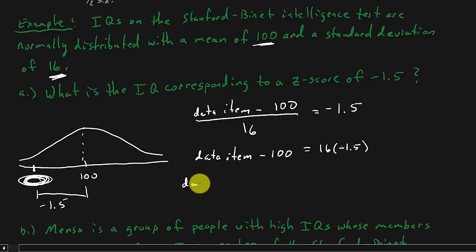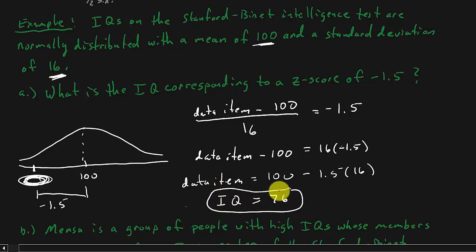So the data item equals 100 minus 1.5 times 16, because the negative times the positive is just a negative. And so that is going to give me 76, which the data item represents the IQ. Okay.